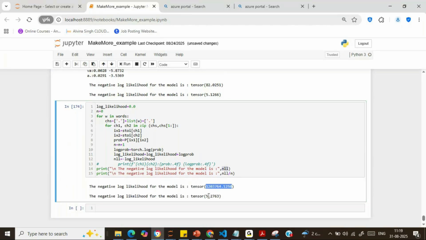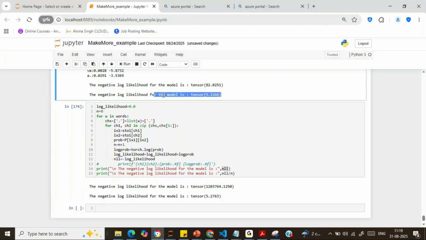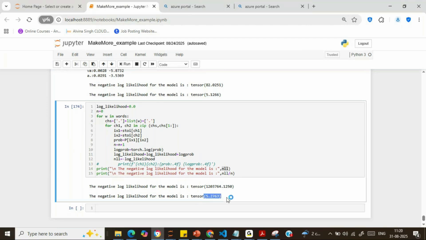This is the sum. For the complete model it is 5.2%, and for the three words it is 5.1%. So this is a little bit good.